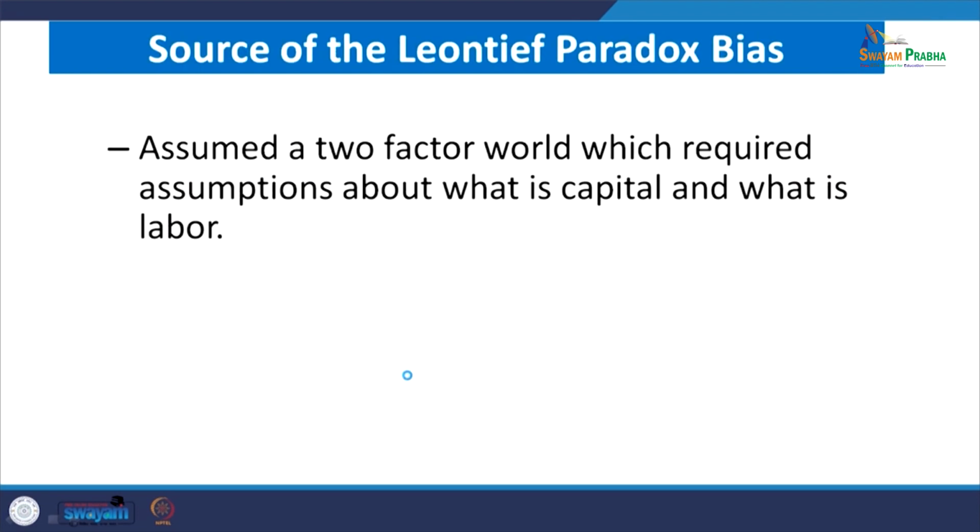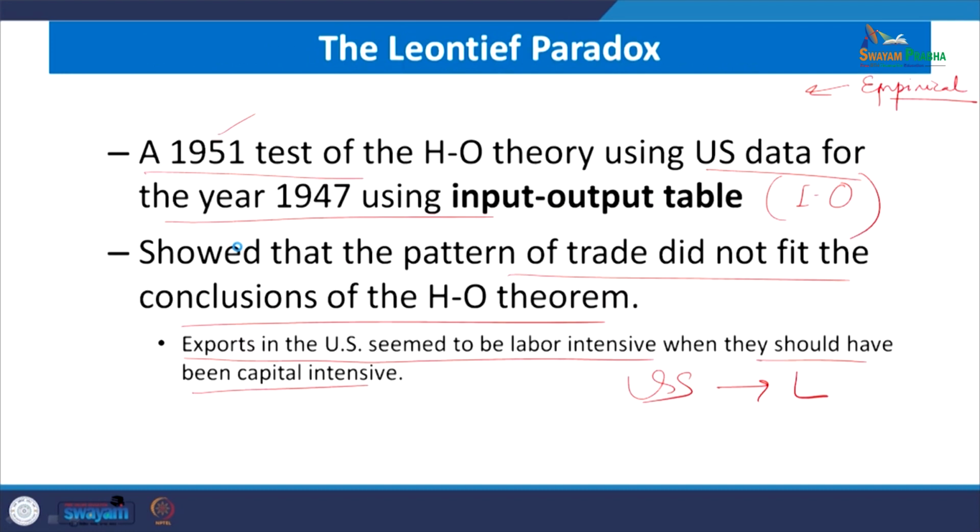They assumed a two factor world which required assumptions about what is capital and what is labor. What is the source of this paradox, and why are we saying it is a paradox? Because it seems as if the US should export capital intensive products, but actually they are exporting labor intensive products.